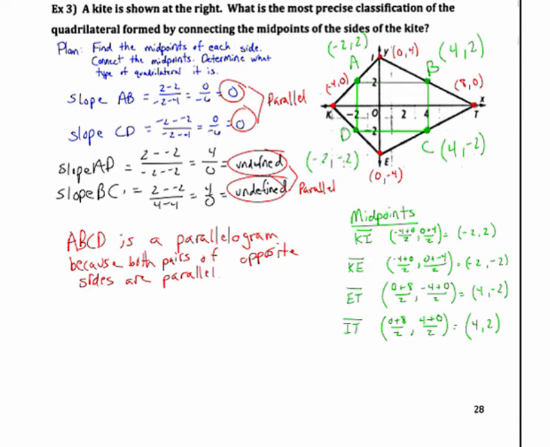But if those angles, which do appear to be right angles, are there, then it could be a rectangle. So what I need to show is that my slopes are negative reciprocals. So I'm going to try and show that AB is perpendicular to BC and AB is perpendicular to AD.